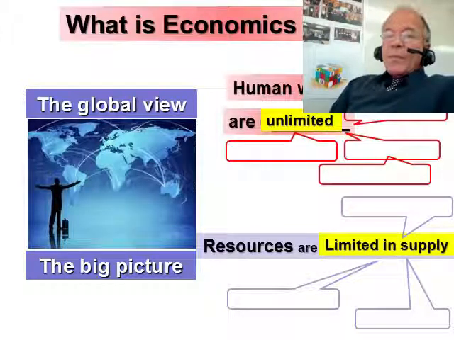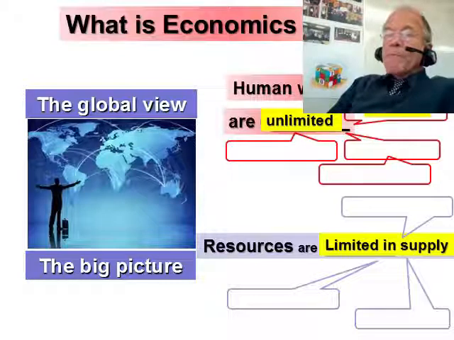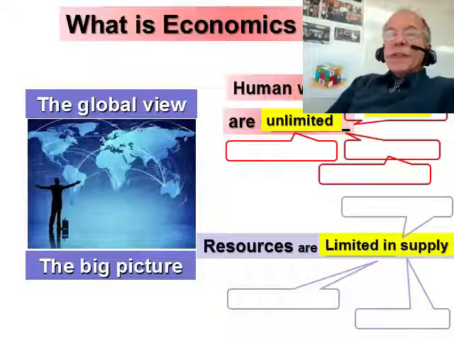Welcome to economics. If you're in the right place and you're watching the right video, this is a course about economics. And at its very basic or fundamental level, economics is about two things. Human wants are assumed to be unlimited. And by unlimited, I mean they're never ending. I ate breakfast this morning, I'm hungry again at lunchtime.